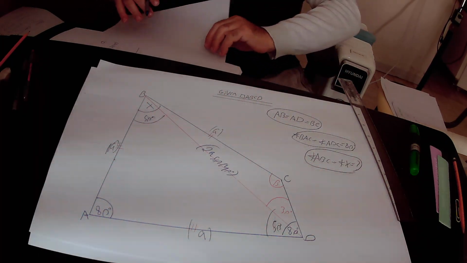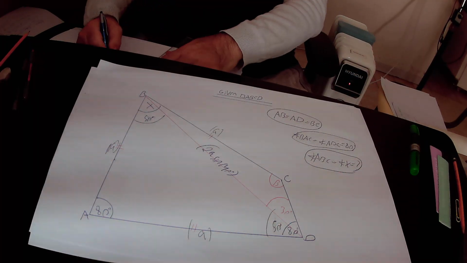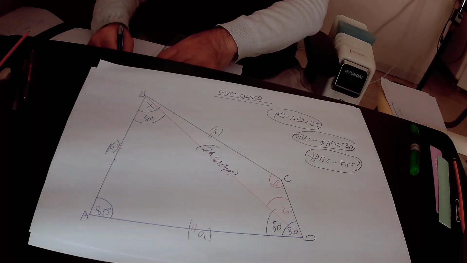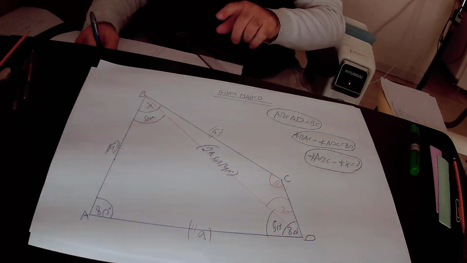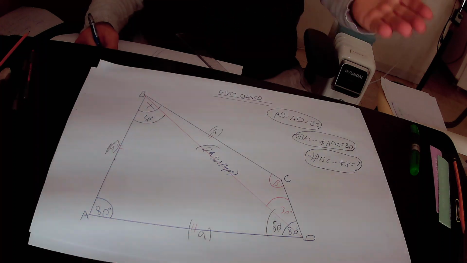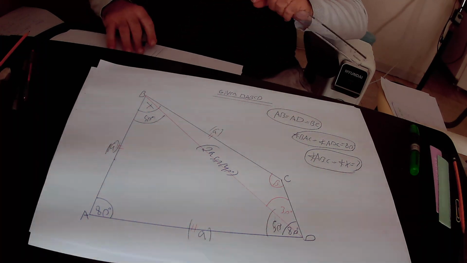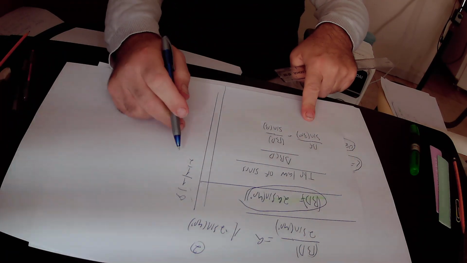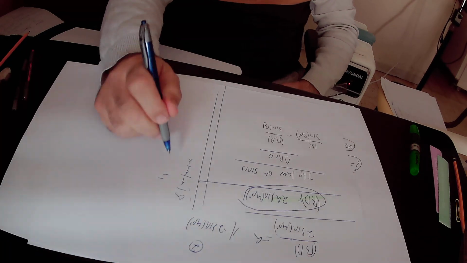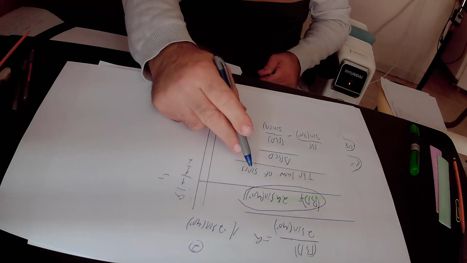BC equals A over sine 30 degrees. Sine 30 degrees is 1/2. So on this side of the equation, we have A over 1/2, and we already found out that BD equals 2A times sine 40 degrees.